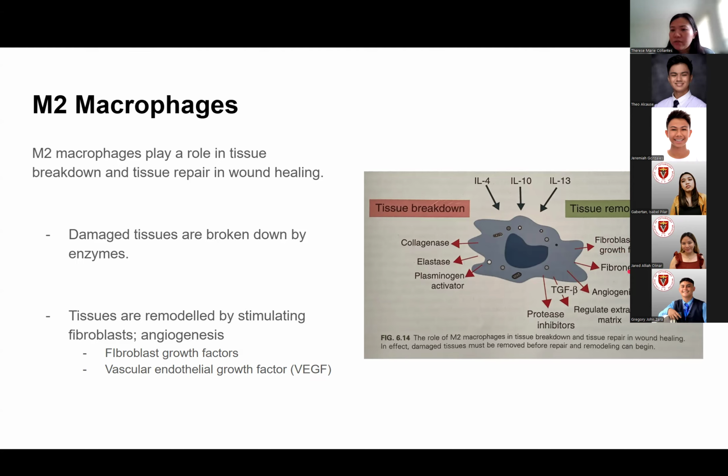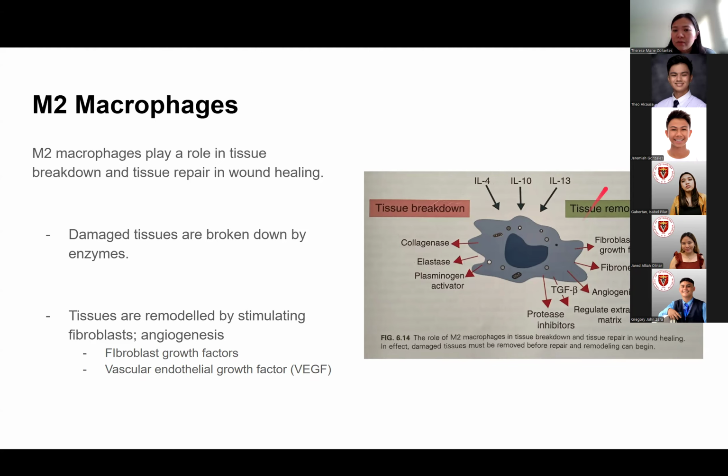And then we have the release of fibronectin. And second most important are the angiogenic factors. From the word itself, angio meaning blood vessels, and genic to generate, it's to generate blood supply. The important one here for angiogenesis is the VEGF, or the vascular endothelial growth factor.